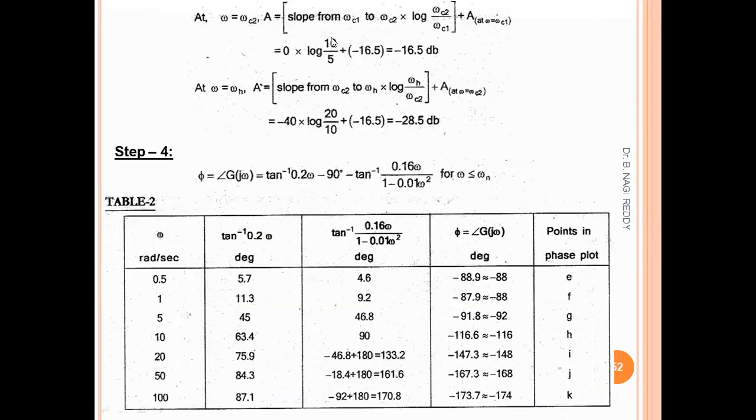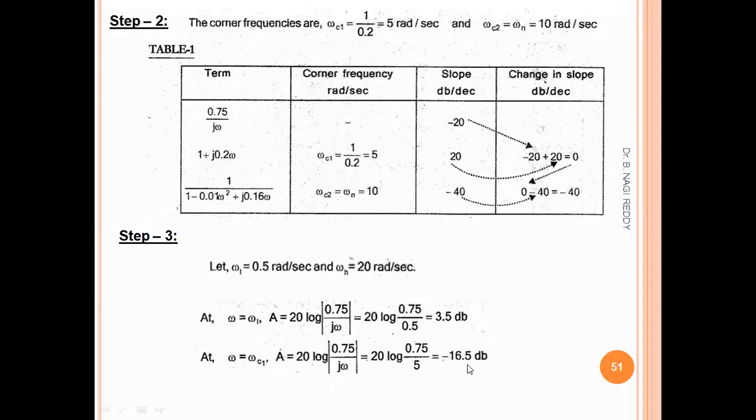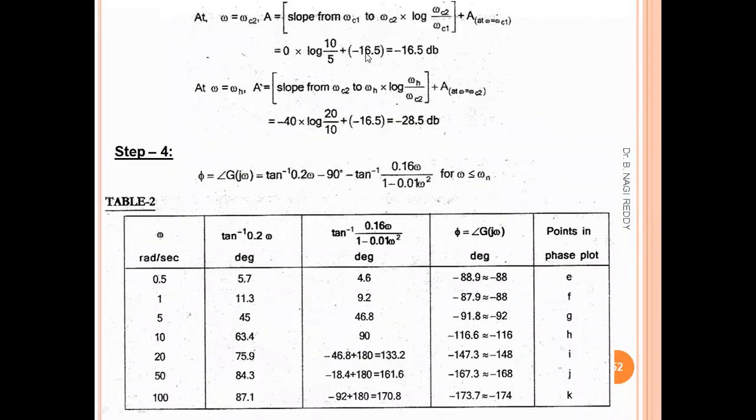So 0 into log, omega C2 value is 10, omega C1 value is 5. However, 0 into anything will be 0. And the previous gain is minus 16.5. So substitute the previous gain and calculate, we will get minus 16.5 dB as the gain or the magnitude at omega is equal to omega C2.